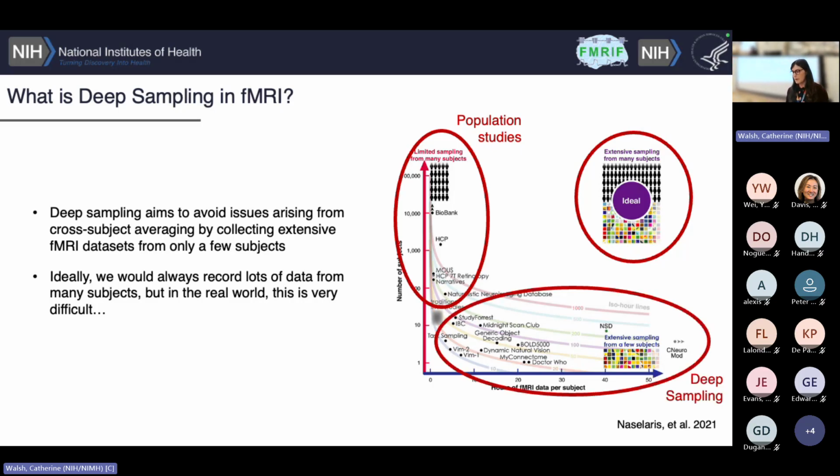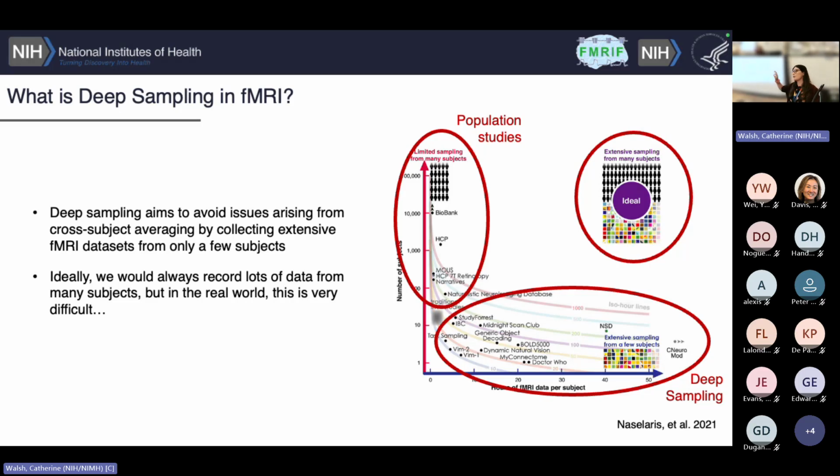On the alternative, we can think about deep sampling, which is that you have fewer subjects, but you have a lot of data. And examples of this are many. We're going to go through a few examples soon, but they include things like My Connectome, or the Midnight Scan Club, or the NSD, or, as this plot actually has a marker for, the C-Neuromod study.